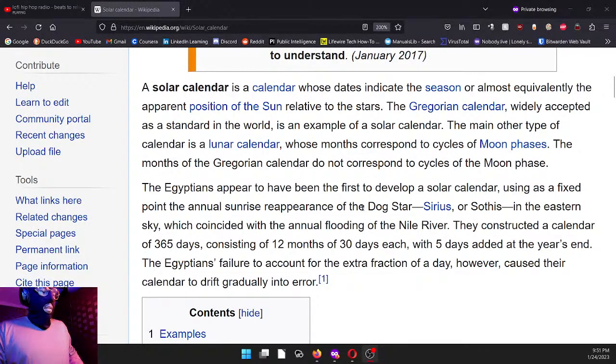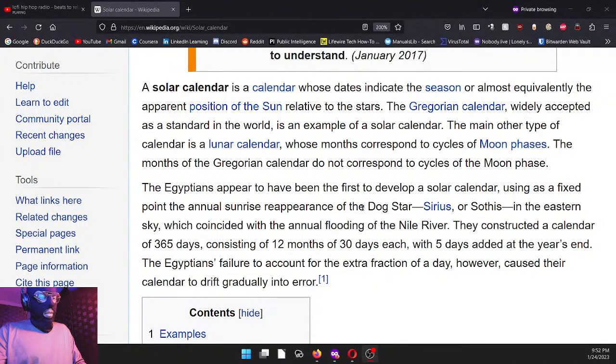A solar calendar is a calendar whose dates indicate the season, or almost equivalently the apparent position of the sun relative to the stars. The Gregorian calendar, widely accepted as a standard in the world, is an example of a solar calendar. The main other type of calendar is a lunar calendar, whose months correspond to cycles of moon phases. The months of the Gregorian calendar do not correspond to cycles of the moon phase.